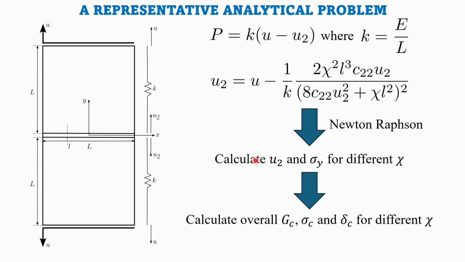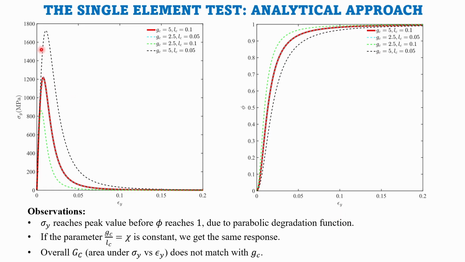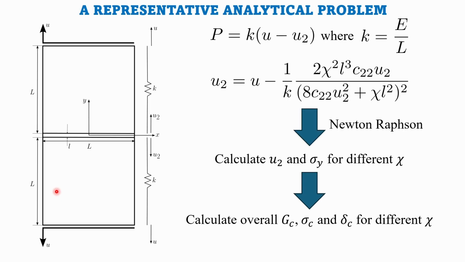So after this, you calculate the overall GC, sigma c and delta c. Delta c is this peak displacement, the displacement at which the peak occurs. Overall GC is the area under the curve.